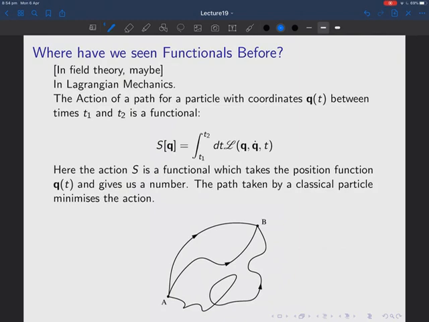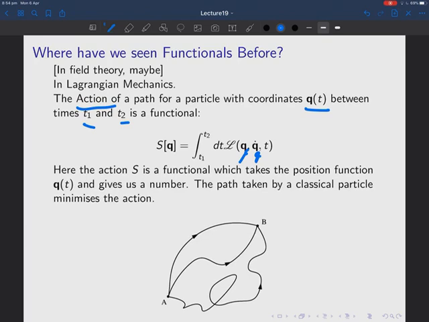So where have we seen these before? If you've done some field theory, quantum field theory, classical field theory, whatever, you might have seen them before. You've almost certainly seen them in Lagrangian mechanics, even though you might not have called them functionals. For instance, the action of a path for a particle with the coordinates q of t between times t1 and t2, you have to know q and q dot.